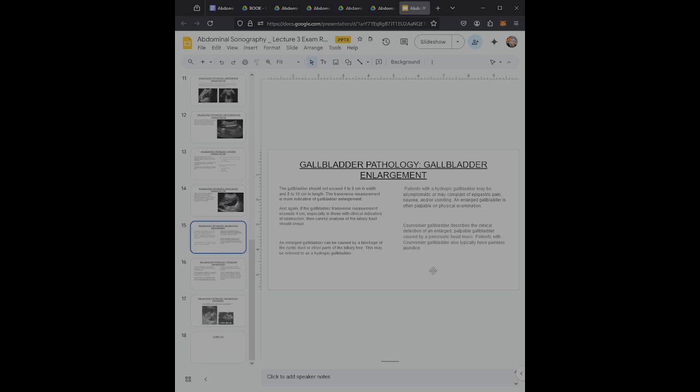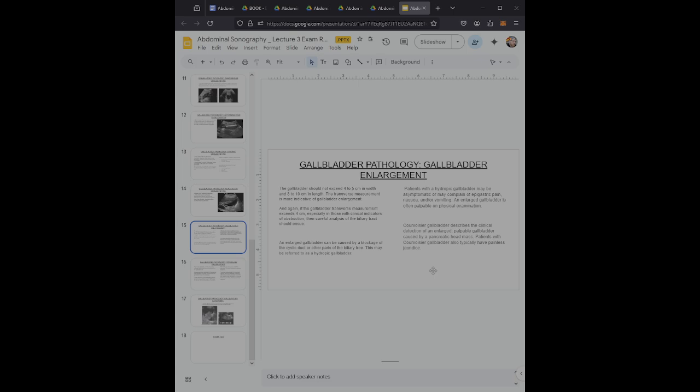Gallbladder enlargement can be caused by blockage of the cystic duct or other part of the biliary tree, and we may refer to this as a hydropic gallbladder. Patients may be asymptomatic or complain of epigastric pain, nausea, and vomiting. An enlarged gallbladder is often palpable on physical examination.